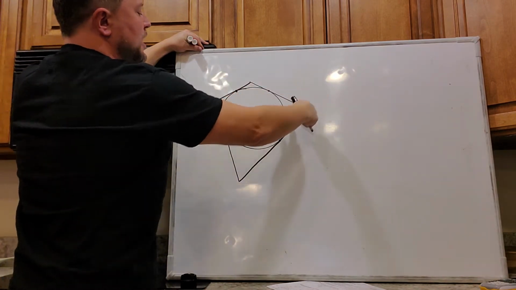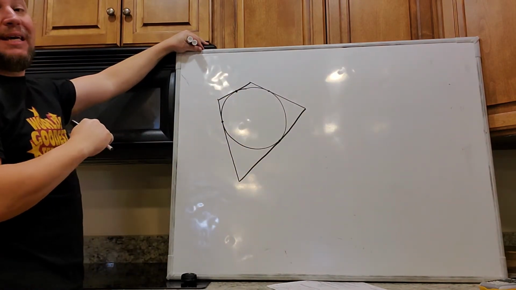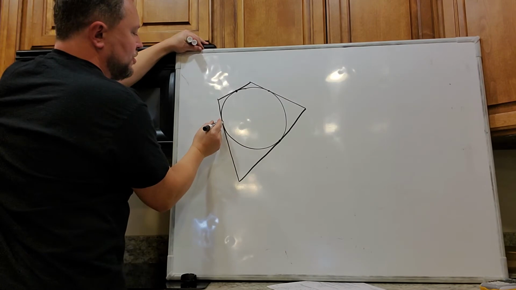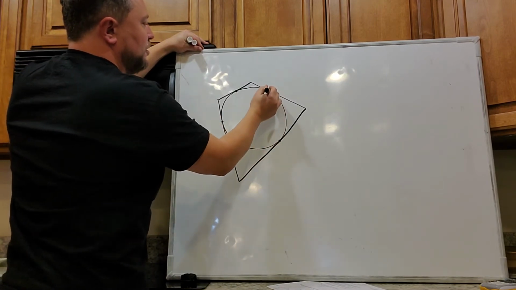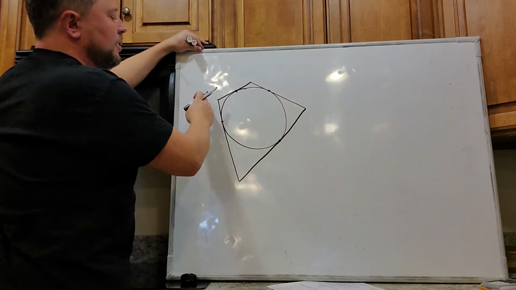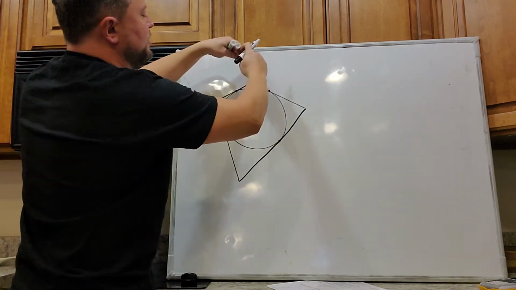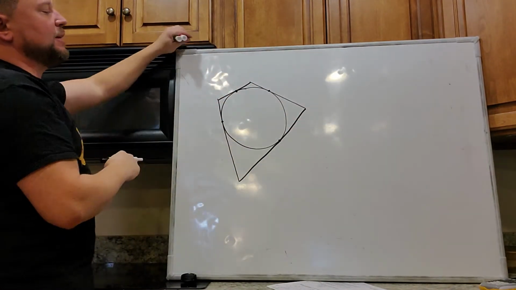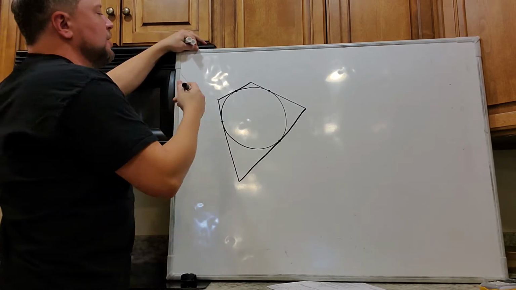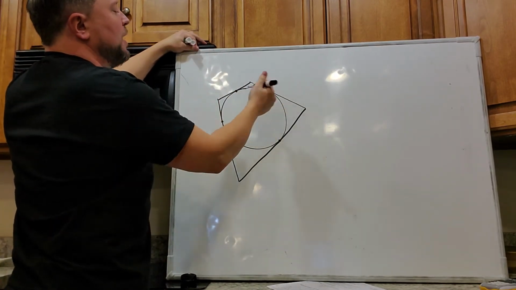Okay, so each side of this polygon I just made is a tangent, just touching the circle at a single point. Okay, so then the polygon this time, instead of being inside the circle, is being wrapped around, you might say, the outside of the circle. So we don't call it an inscribed polygon.